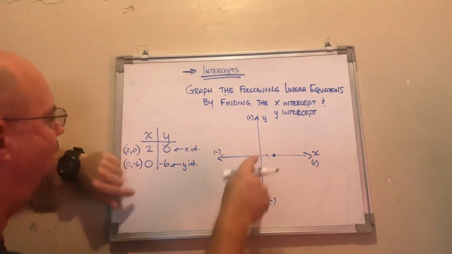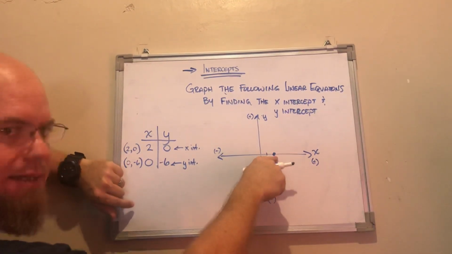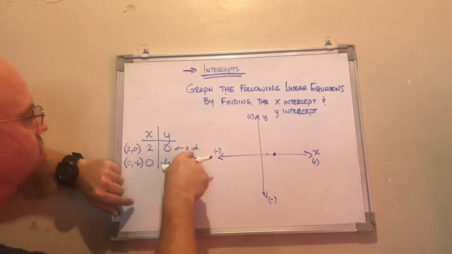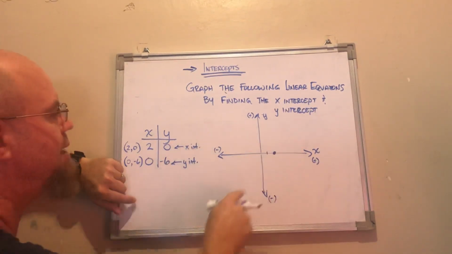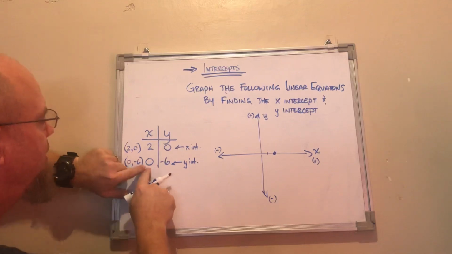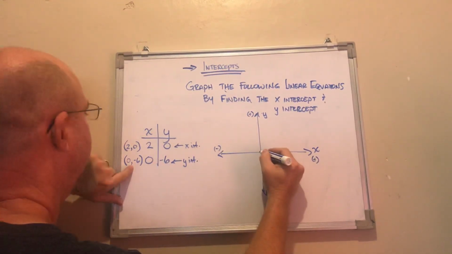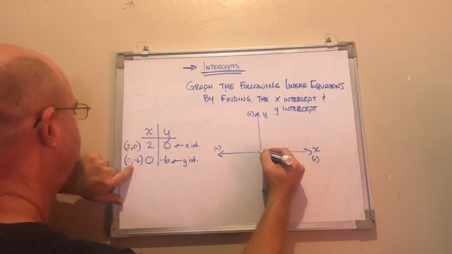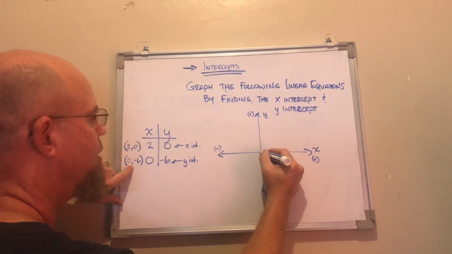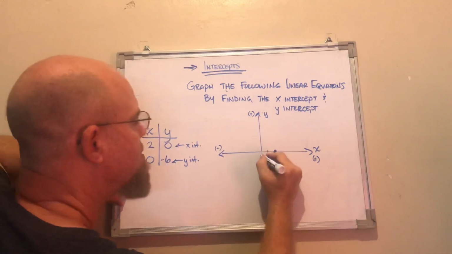All right? That is my x-intercept, right? This is where that line is going to cross the x-axis. Then I graph my other point, where x equals 0, and y equals -6.